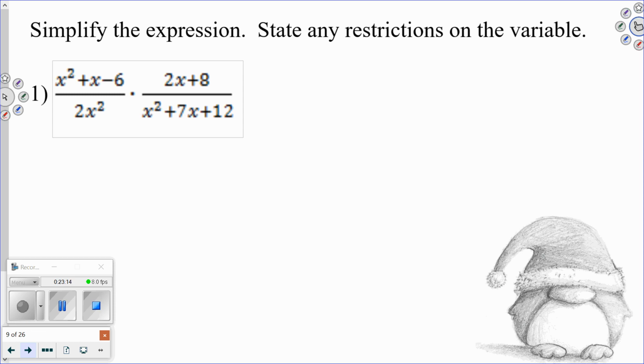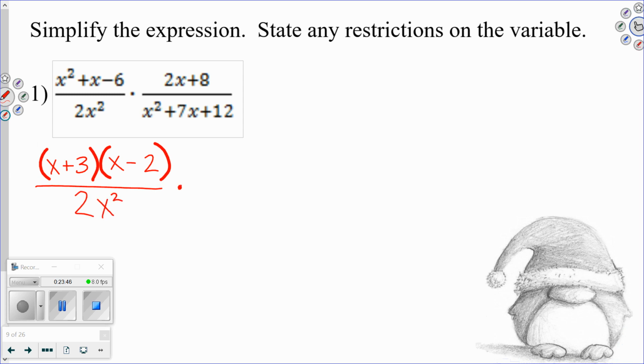So step 1, factor. So notice now I have 2 tops and 2 bottoms. So I'm going to just factor everything I can. So the first top, how's that one factor? Oh, good. So we're going to have x plus 3 and x minus 2. How about the bottom? It's just 2x squared.